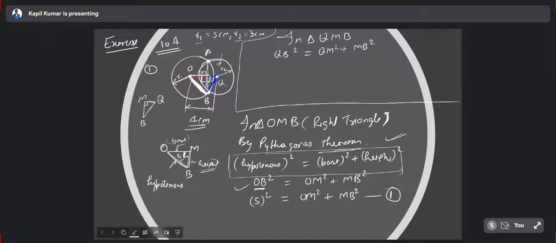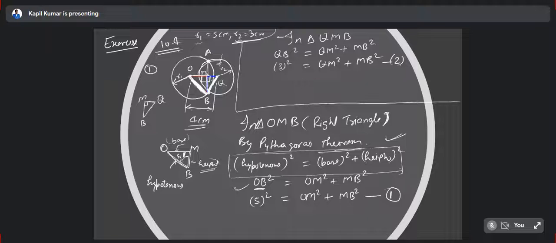So what is QB? The radius of this circle, which is given as 3 centimeters. So we can write 3 square is equal to QM square plus MB square. This is, suppose, equation number 2.